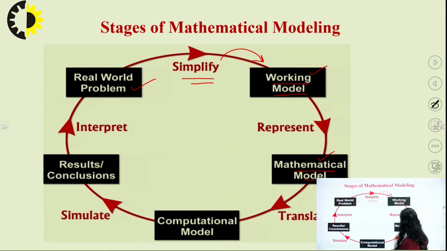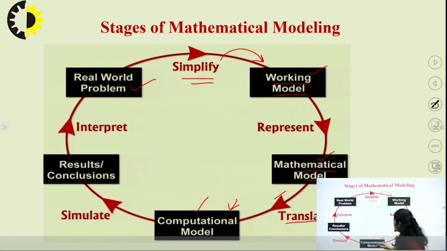After that, we translate and come to the computational model. Computational model means that once we have established the relationship between the variables and represented our model as a mathematical model, we go for the computation with the help of different techniques, meaning we solve the equations with different techniques.